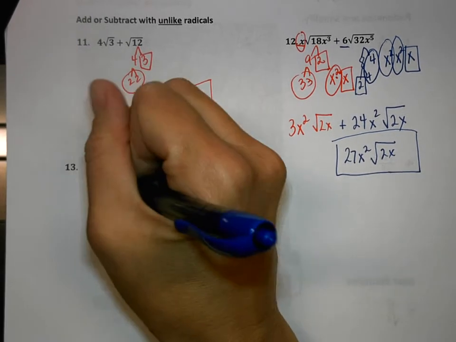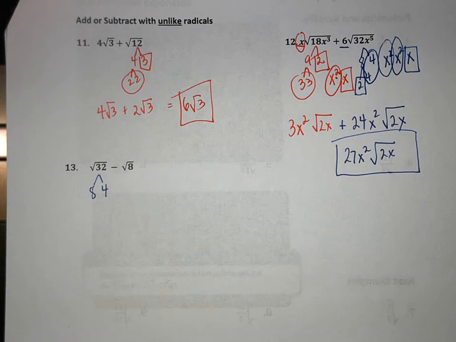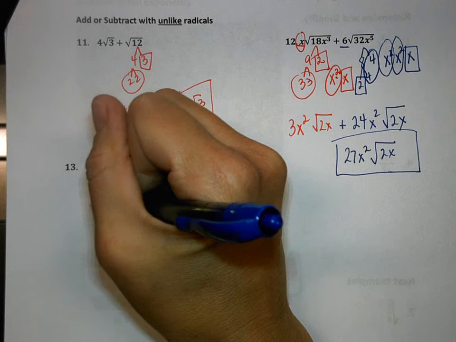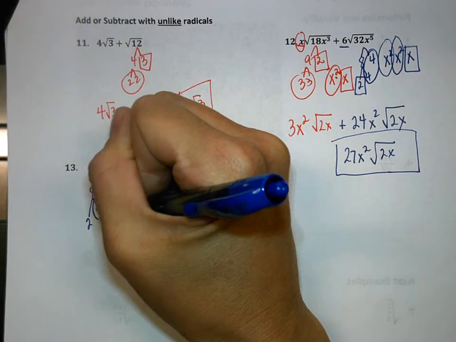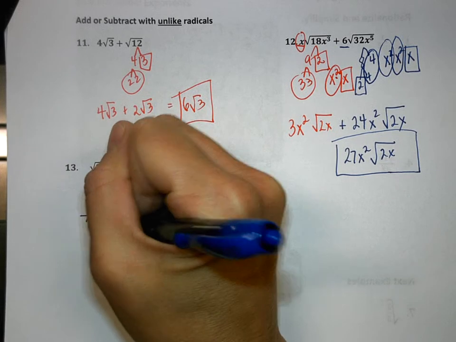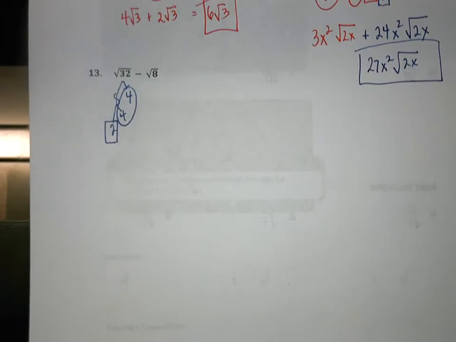If you do 8 and 4, okay, and then we know 4 breaks down to what? 2. Or 2 and 4. Pair of 4s, 2 left over. So within your square root, you always want to break it down as far as you can.